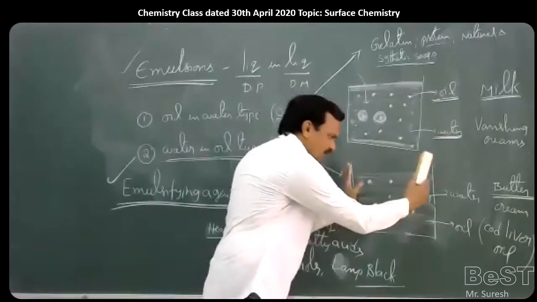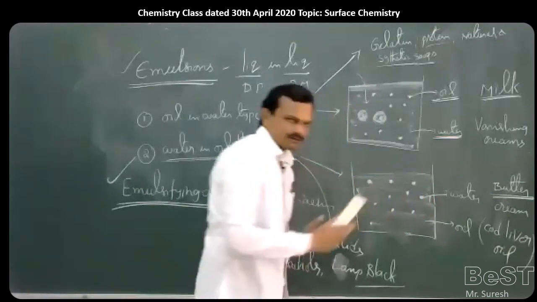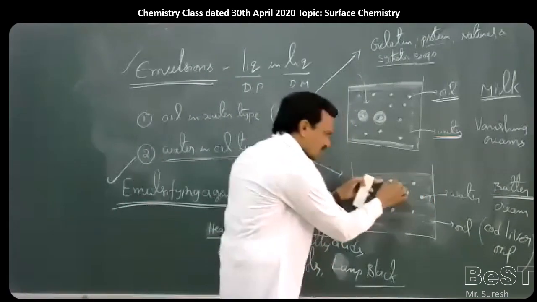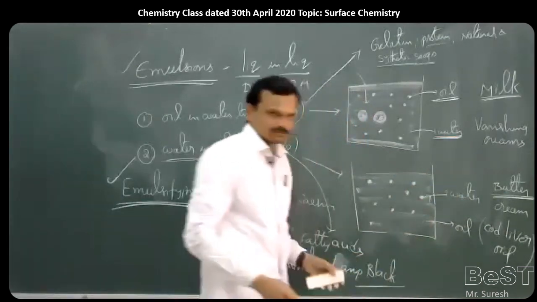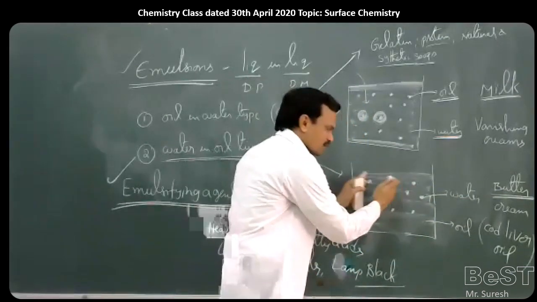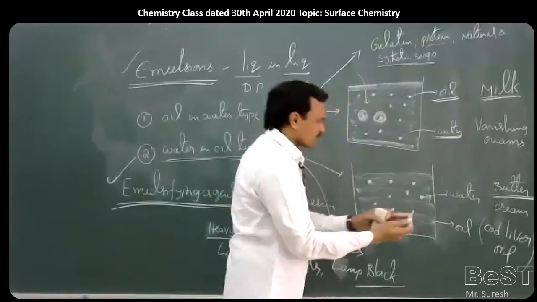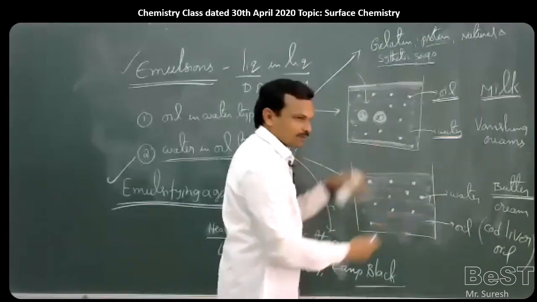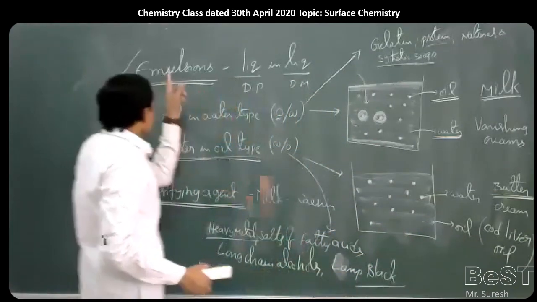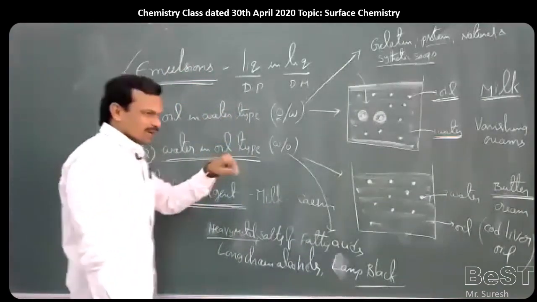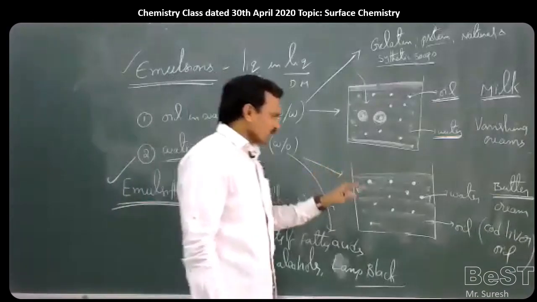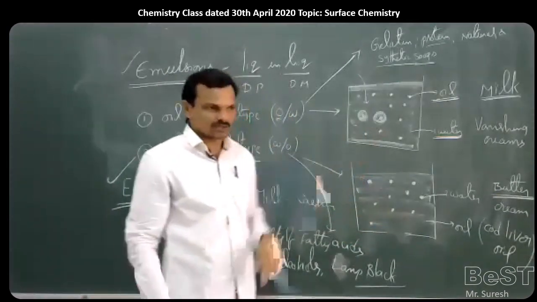Whenever this emulsion is frozen, the water droplets present in the oil will come outside. That means they undergo coagulation. They come out from the colloidal solution, which means a separate layer is formed. So emulsions are coagulated either by heating, or by freezing, or by centrifugation.